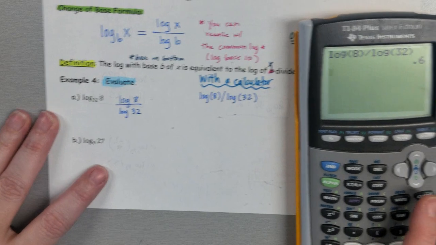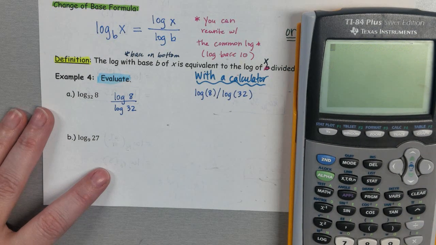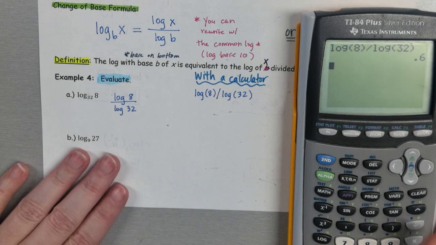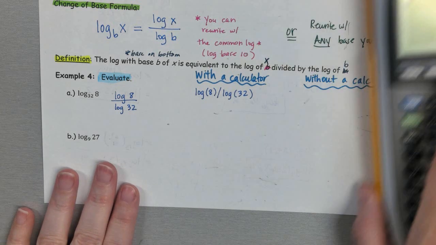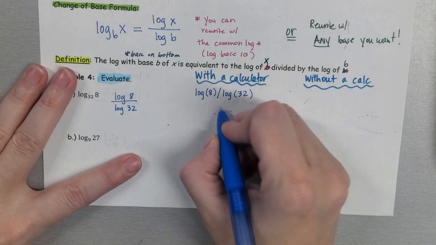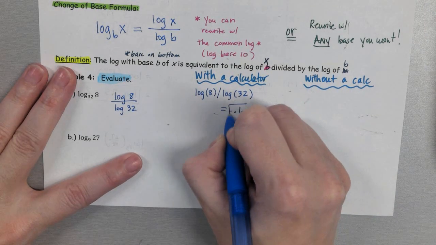Oh, I already did that. Okay, so the log of 8 divided by the log of 32. Okay, and that is going to be 0.6. Okay, and then you're just going to put that as your answer there.